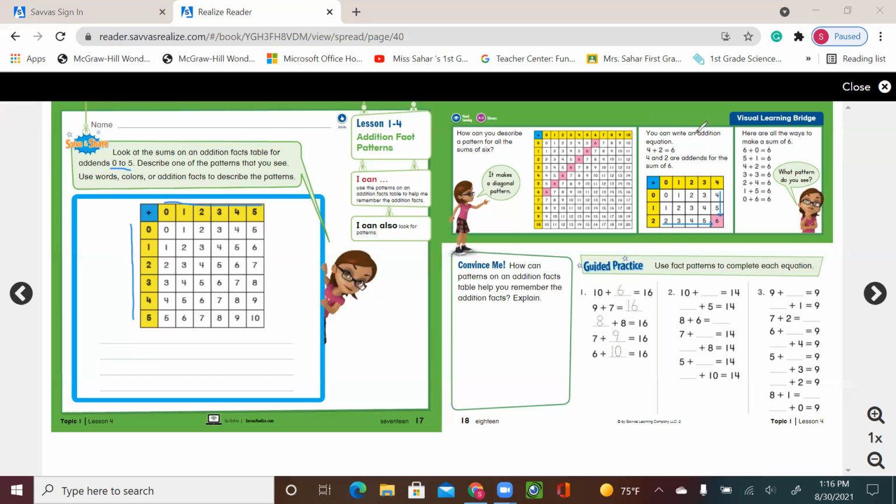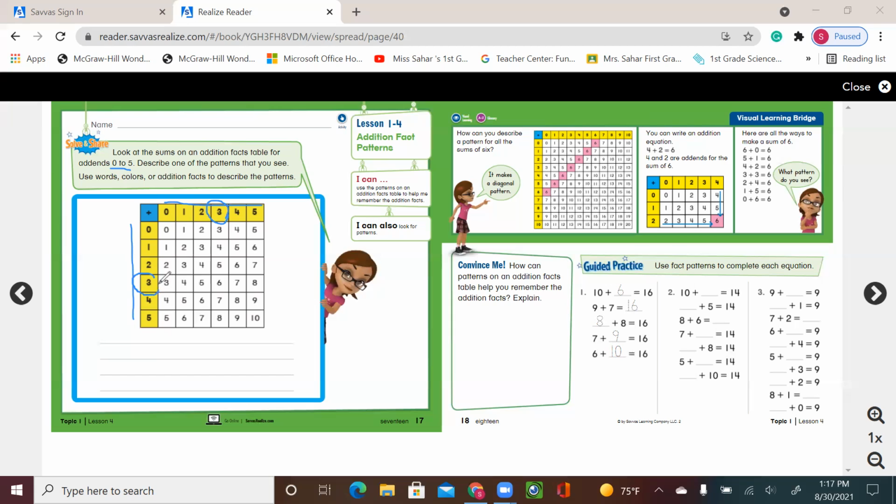All right, you can write an addition equation. Let's say we're going to look for number 6. Oh, we don't have 6 here, so let's go for 3. If I'm looking at this part and I have number 3, I'm looking for the third row.